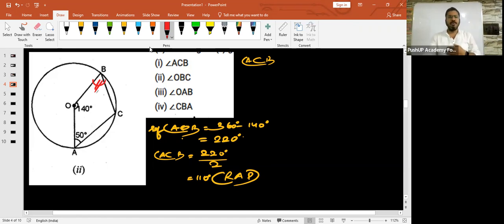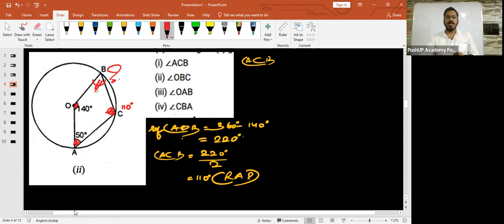And you all know the sum of all the four angles of a quadrilateral is always 360 degrees. So, in this quadrilateral, angle O is available, angle A is available, angle C is available. Then why can't we find the fourth angle just by using the angle sum property of a quadrilateral?